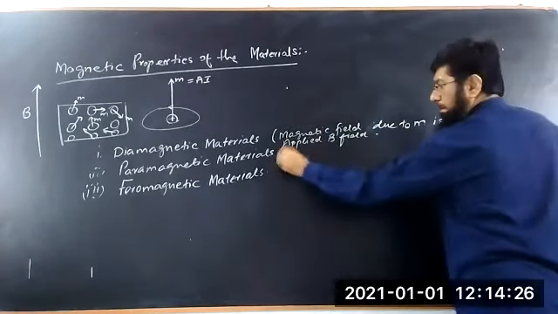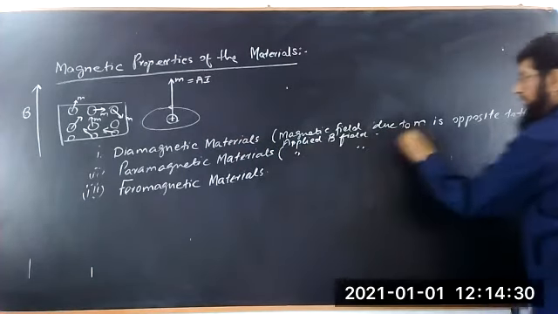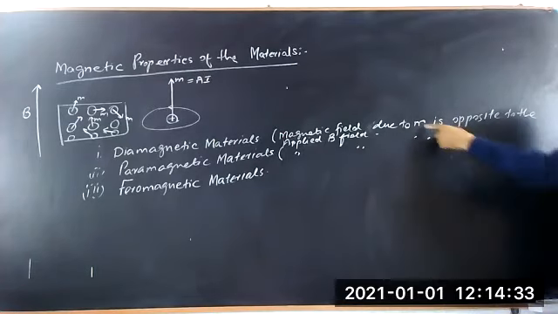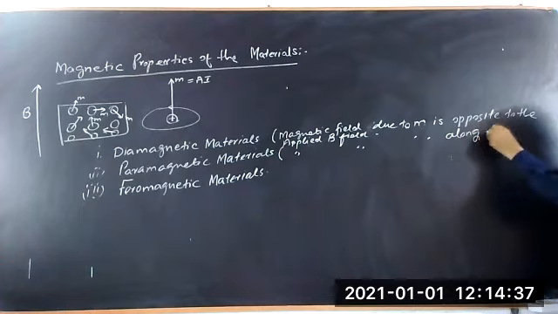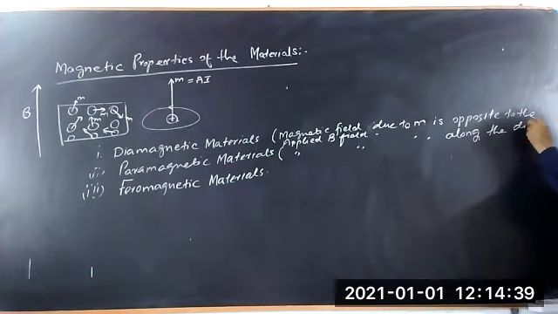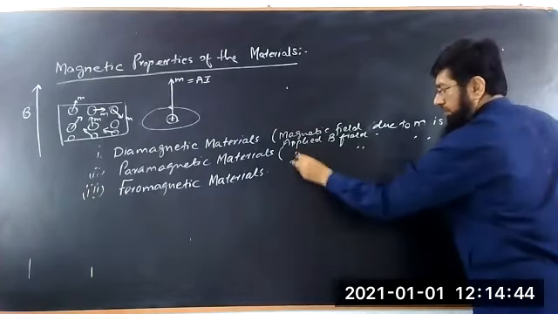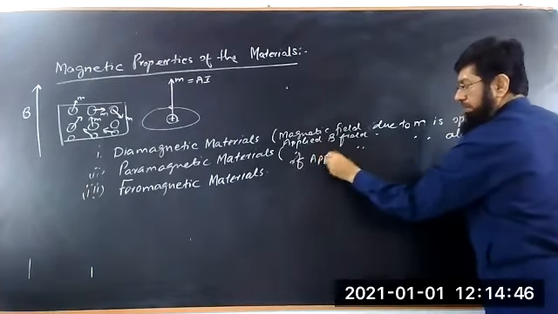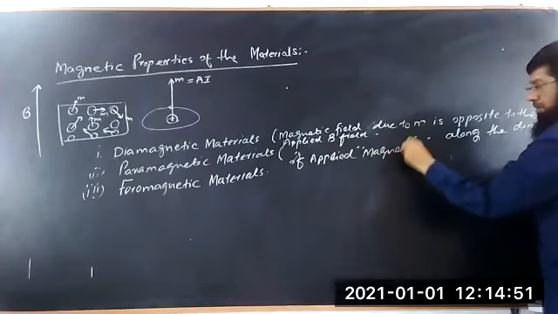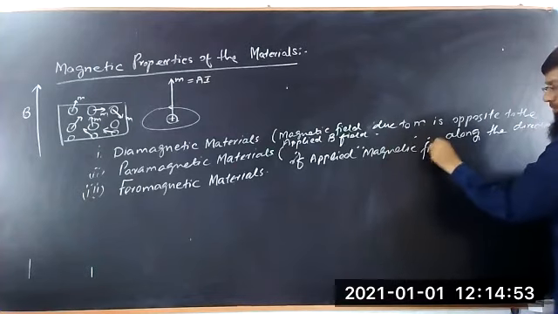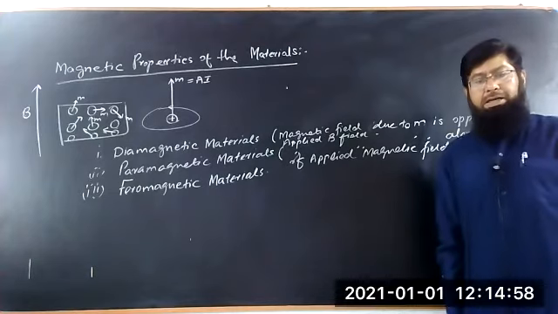But in a paramagnetic material, the magnetic field due to the M is along the direction of the applied magnetic field.